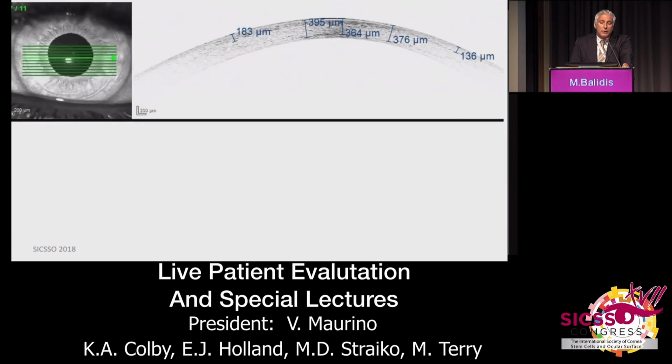That's why you will see in most of the cases the demarcation line, which is one, or at least the most important indication of how deep you can go with the cross-linking at this moment. So you can see demarcation lines like this. At the central area, we can go as deep as 360 microns, and in the periphery only 136.